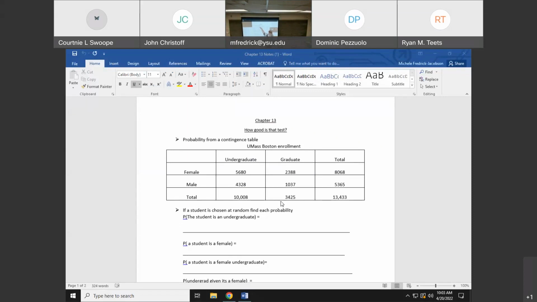This was the UMass Boston enrollment, and then going down is the undergraduates and the graduates. Females that are undergraduates were 5,680. Males were 4,328, for a total of 10,008 undergrads. Questions on reading it?